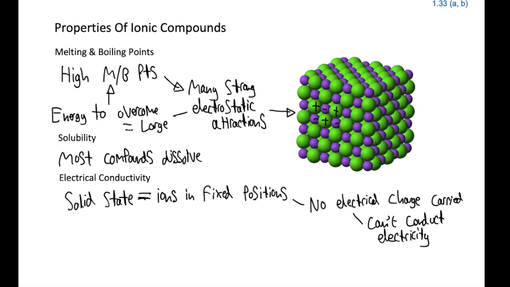However, when an ionic lattice is melted down or dissolved in water, its ions are able to move around and can carry electric charge, and so will be conductive in that state.